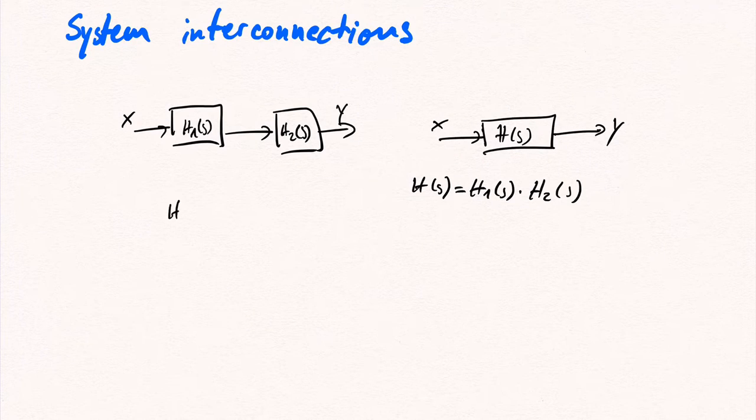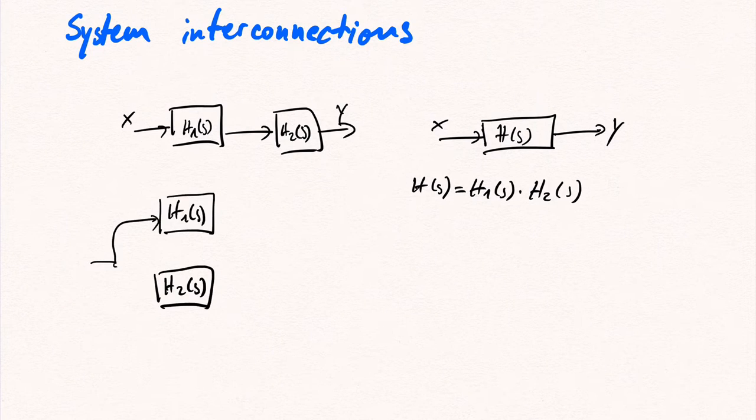Next, let's consider two systems h1 of s and h2 of s in parallel, which means that they both receive the same input x, produce the individual outputs y1 and y2, which are then added to yield the output y.